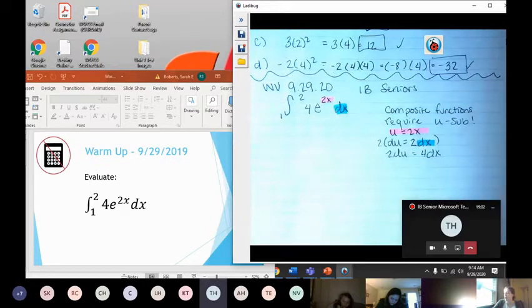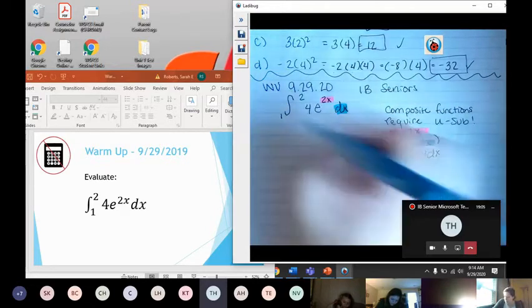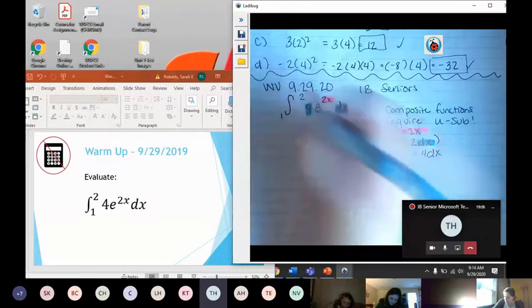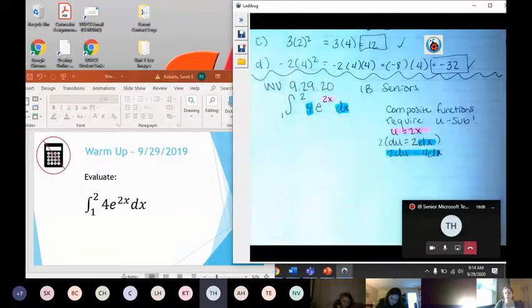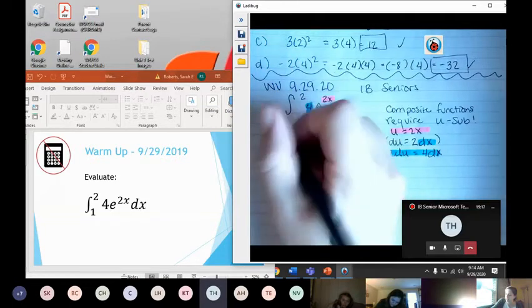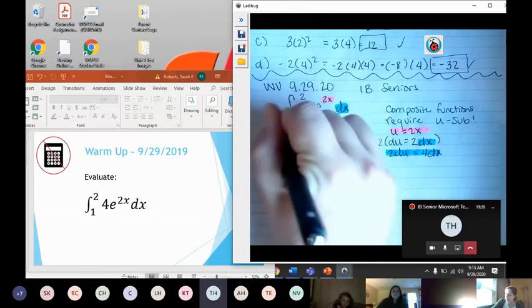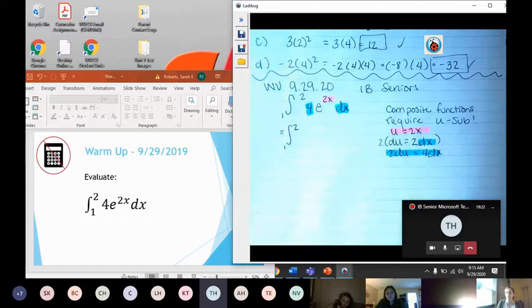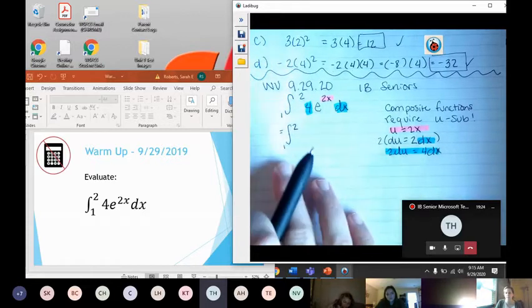Okay. Now I can replace all of the blue stuff with the corresponding U stuff in blue. Okay. So now I'm going to sub everything in. So Ted, my integrals, we're going to leave the same. It's technically not correct to leave them the same, but we're just going to leave them the same for our sake.